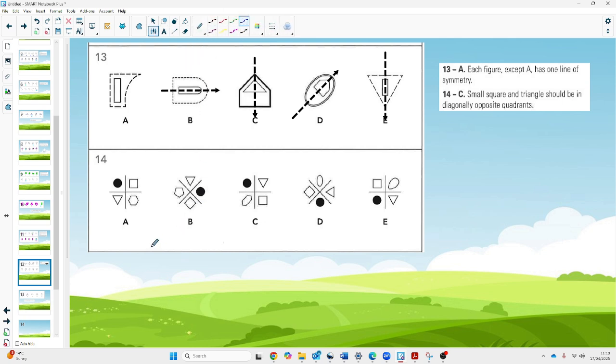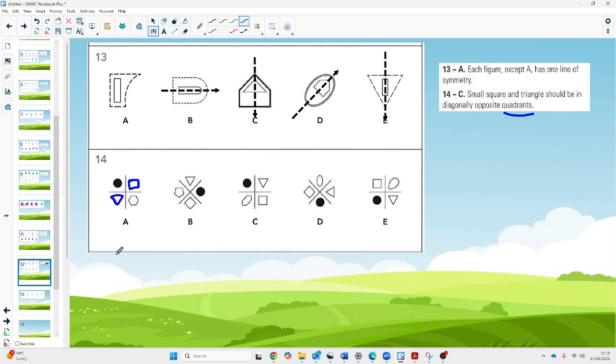Now moving on to question 14. The way that this has been divided up, and it certainly says this in the answer, is referred to as quadrants. So we have 4 separate quadrants, and the small square here should be diagonally opposite the triangle.